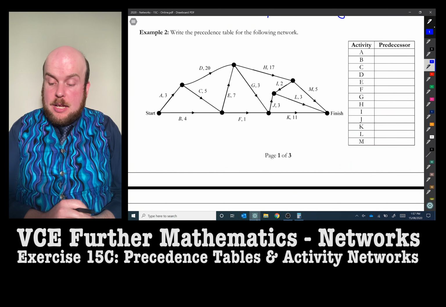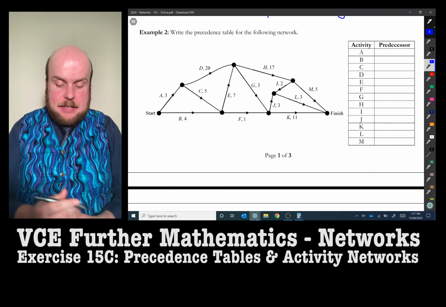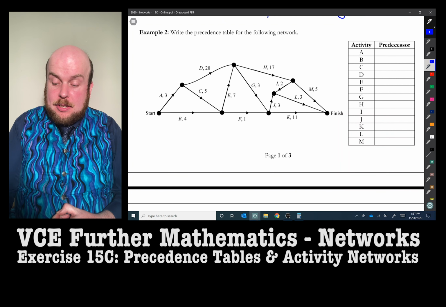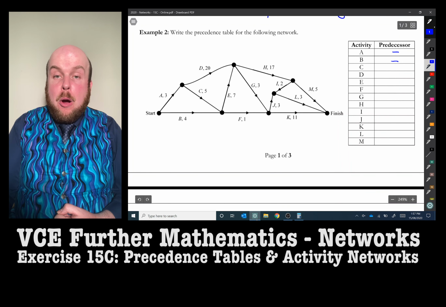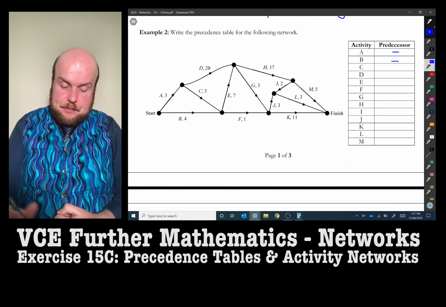So what we need to do is go and write what comes before each of these. So for A, there are no predecessors before A, so that's a dash. For B, there are no predecessors before B, so that's a dash. C, the only predecessor that comes before is A, if we have a look.